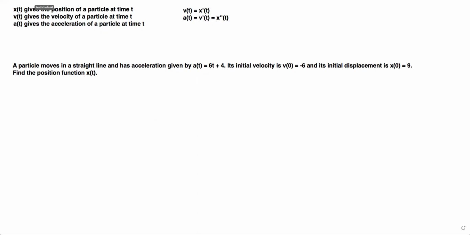So the velocity function with respect to time would be 3t squared plus 4t. And then, exactly, plus c. Remember, we always have to have plus c when we take an antiderivative. Oh, yeah, that's right. Plus c.